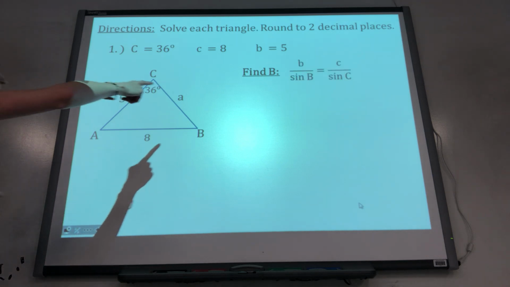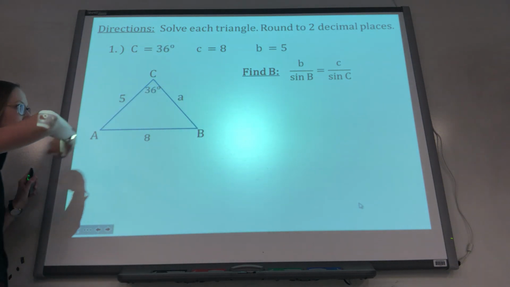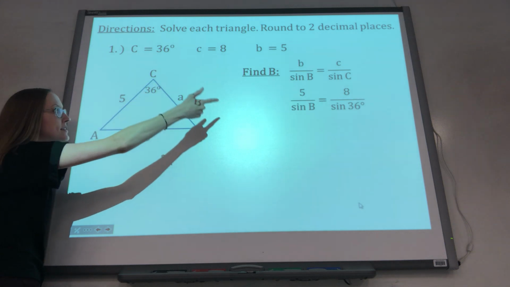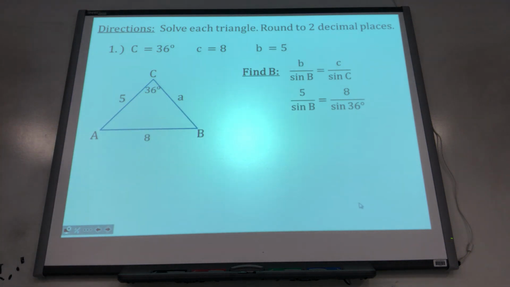I'm pairing up the B's and the C's. So here it is. 5 over sine of B, because I still don't know what that is. That's what we're trying to find. Equals 8 over sine of 36 degrees.